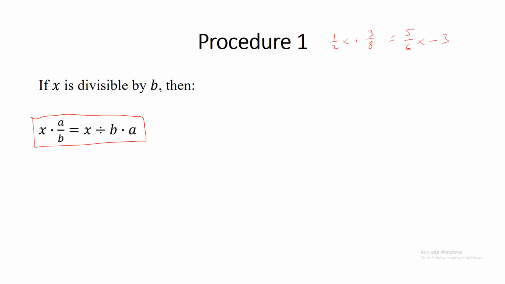It basically says that if I'm multiplying a whole number by a fraction, I can just divide that whole number by the denominator and multiply by the numerator.